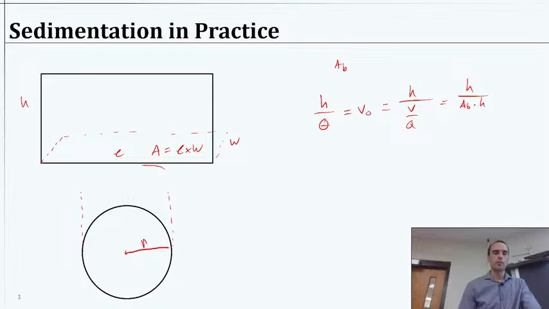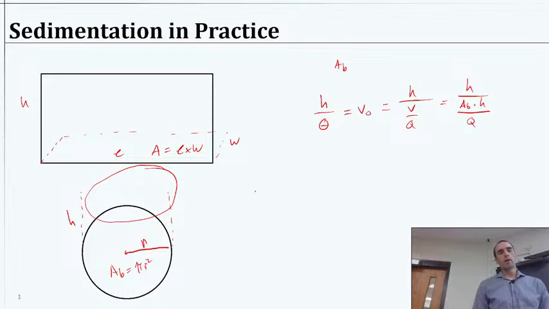So if we imagine some system like that and say this is the height, and the area of the basin would be pi r squared, we could say that the critical settling velocity is still defined as height over the area of the basin times the height, and all of that divided by Q. Right, so I wanted to be very clear that it doesn't really matter if the area of the basin is length times width, or if the area of the basin is pi r squared.